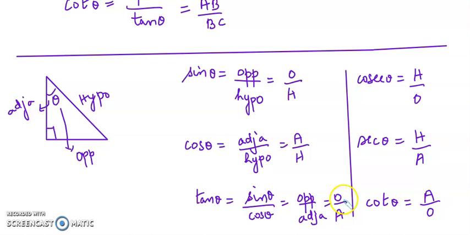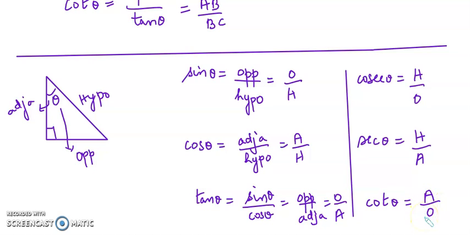Cosec theta is hypotenuse upon opposite, just the reciprocal of sine. Sec theta is just the reciprocal of cos, which is hypotenuse upon adjacent, and cot theta is just the reciprocal of tan. So it's adjacent upon opposite.